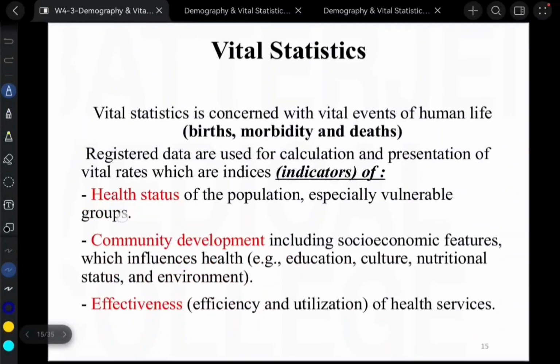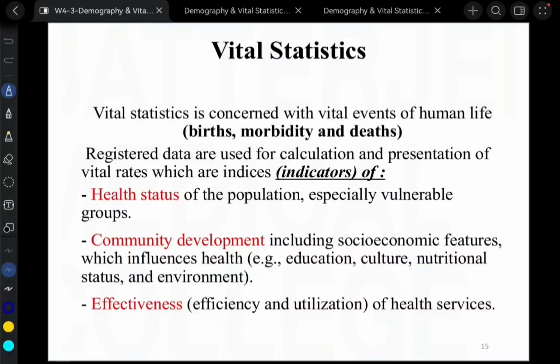Vital statistics. Now, vital statistics is concerned with vital events of human life, so birth, morbidity, and death. So birth, disease, and death. Registered data are used for calculation and presentation of vital rates, which are indices, indicators of health status, community development, and effectiveness. So health status, of the population, especially vulnerable groups, the very young and very old, basically.